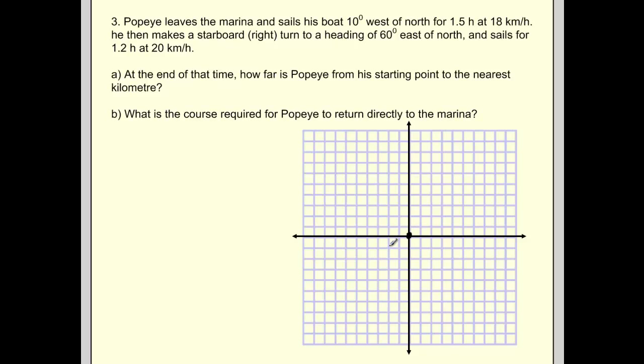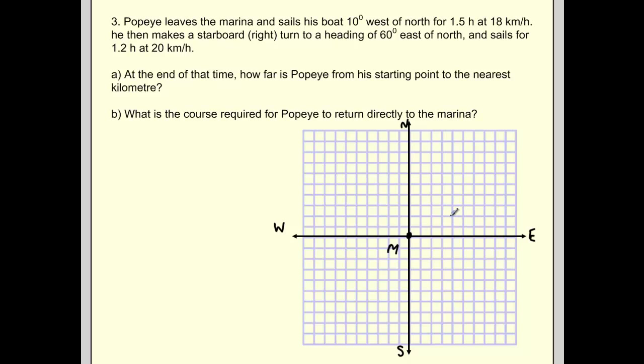So we'll say that this is the marina, M. When he leaves the marina and sails his boat 10 degrees west of north, first of all you have to figure out where north is. North is always pointing upwards. So if I draw my directions here, north, south, east is up to the right, and west is to the left. I always have to do never eat shredded wheat to remember, even now.